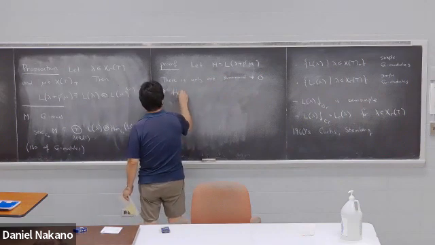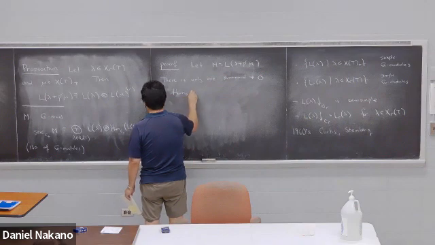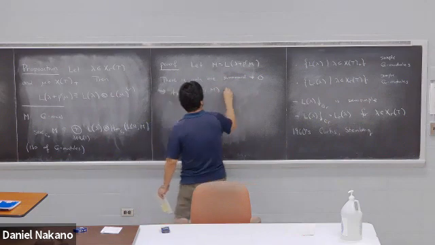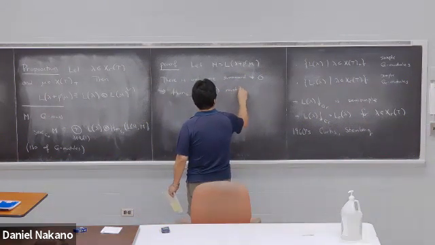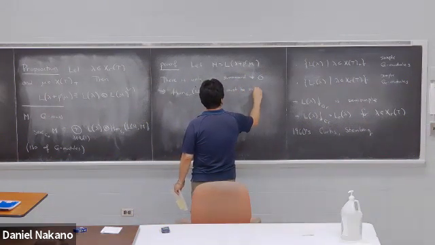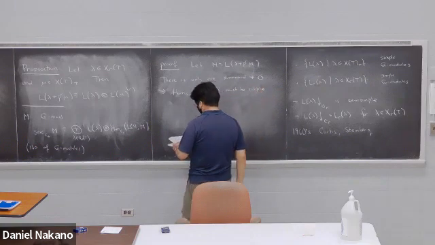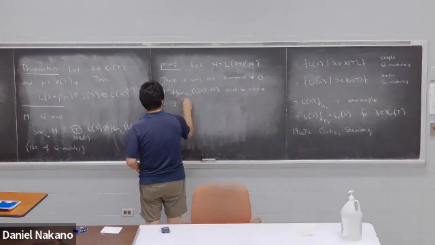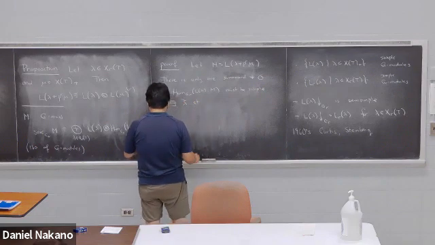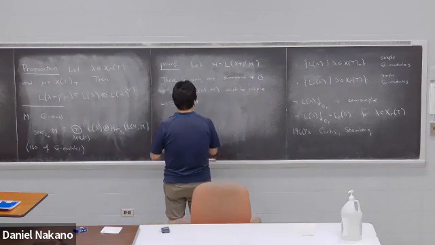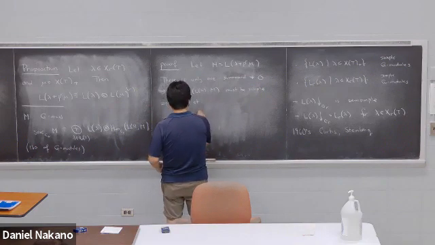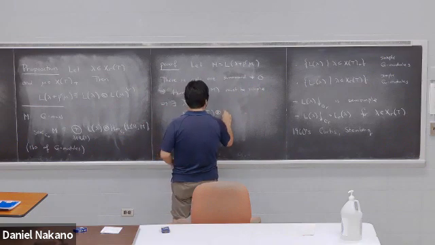So Hom over G_r of L lambda, M, is simple. So there exists a lambda twiddle such that M is going to be equal to L lambda twiddle tensor L mu.